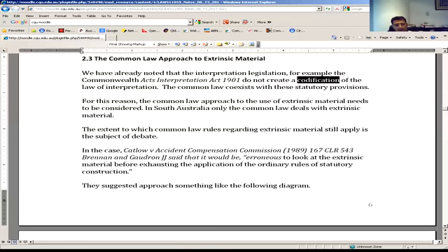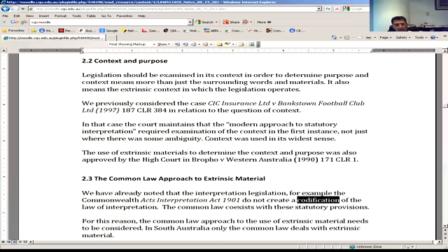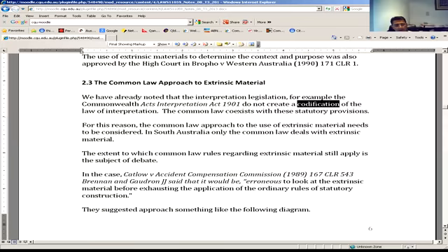Now, this is what I was saying before. You need to be very careful with some of these older cases, from say 20 plus years ago, or even cases from the 1990s, because of course some of the statutory provisions have been changed to tighten up and to clarify the way some of this interpretation must be done by the judges.